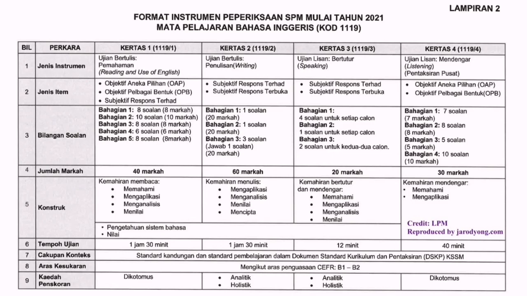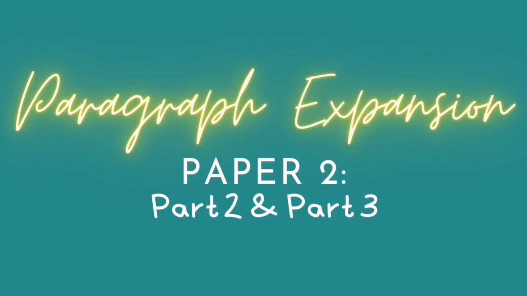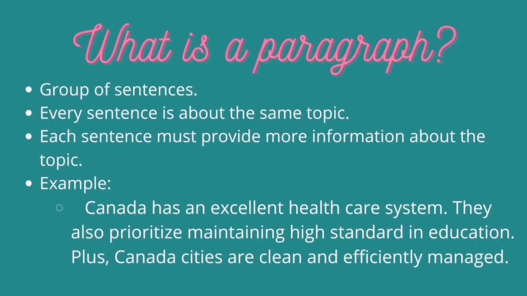It's a lot, and the total of the whole paper will be 60 marks, the most marks among all of the English papers. So that's why you need to really know how to expand your paragraphs so that you can come up with a good writing. As I said just now, we will focus on Part 2 and Part 3 of Paper 2 when it comes to paragraph expansion.